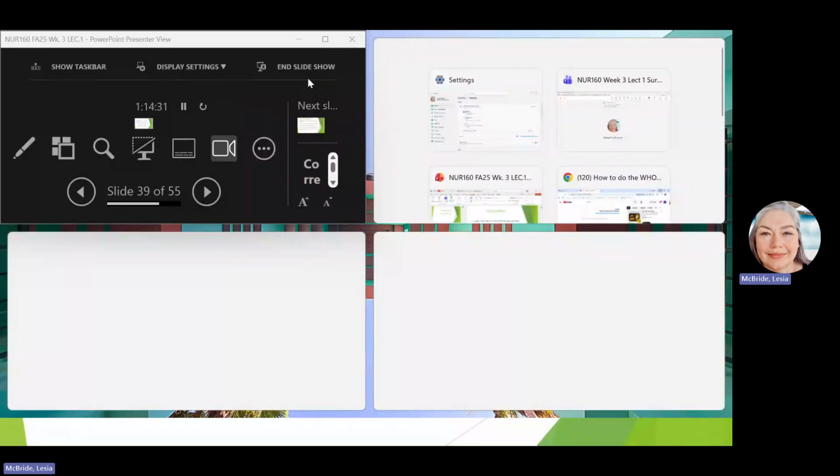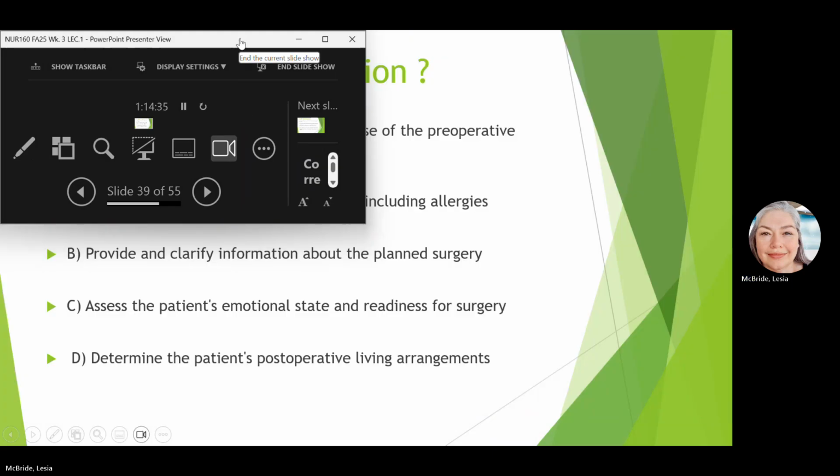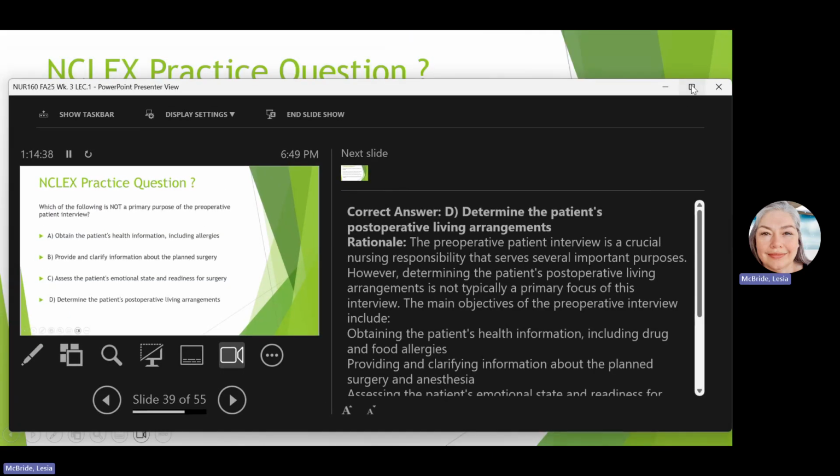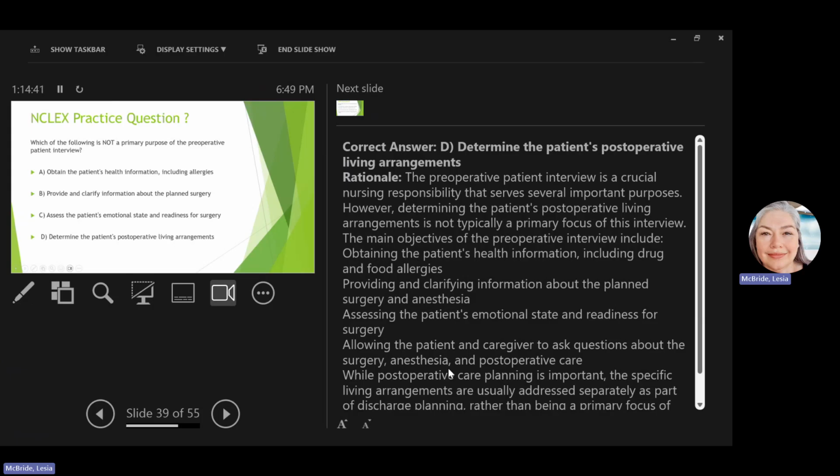I don't want you not to see the answers with these. I hate that. There we go. There you go. So the correct answer is D. There's the rationale. Determine the patient's postoperative living arrangements.